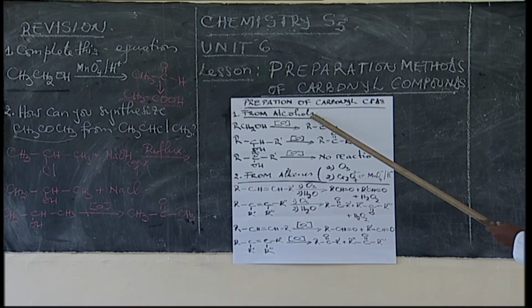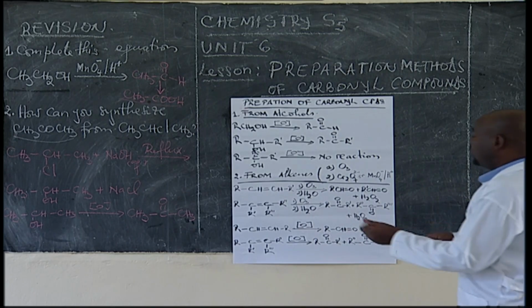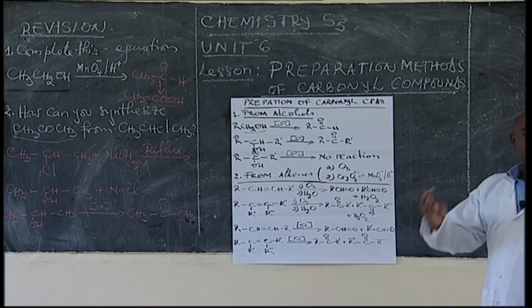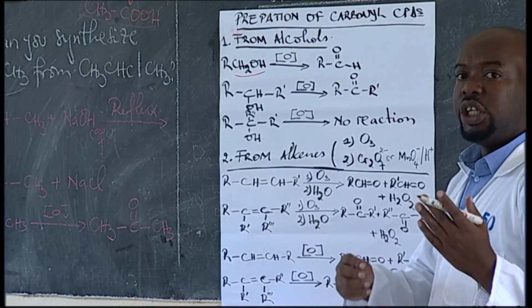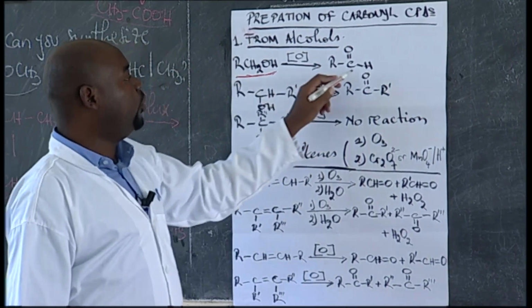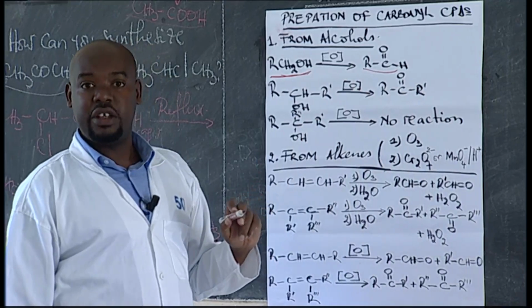We can start from alcohols, and when you oxidize a primary alcohol, here we have a primary alcohol. You remember the classes of alcohols: primary, secondary, and tertiary. So when you start from a primary alcohol, you produce an aldehyde.